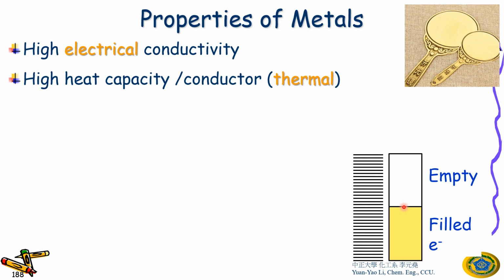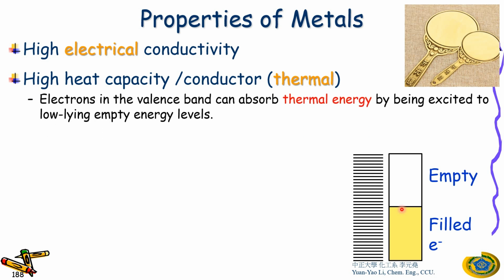Why? As you can see, this electron can absorb energy very easily, right? It can grab energy very easily. So an electron in the valence band can absorb thermal energy by being excited to the lower lying empty energy level. So this electron can absorb any type of energy, and then it jumps to become a free electron.